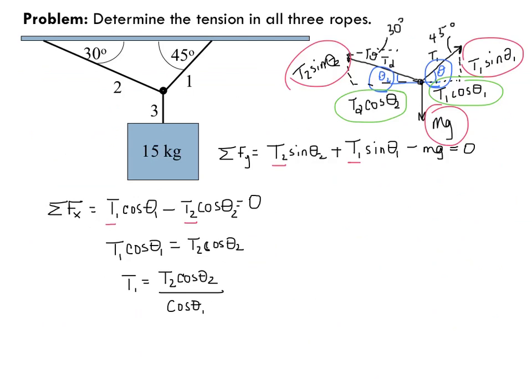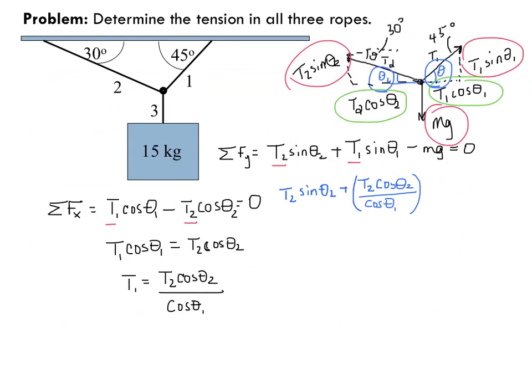For that, I'm going to go ahead and use a different color. Here, this becomes T2 sine of theta 2 plus, and I'm doing my substitution here, T2 cosine theta 2 divided by the cosine of theta 1.